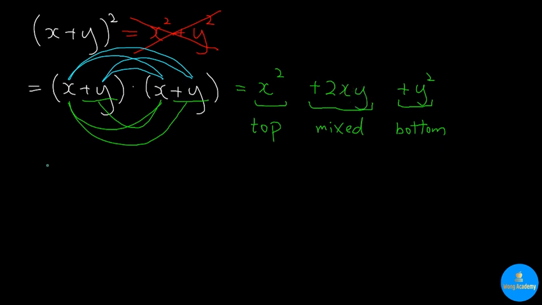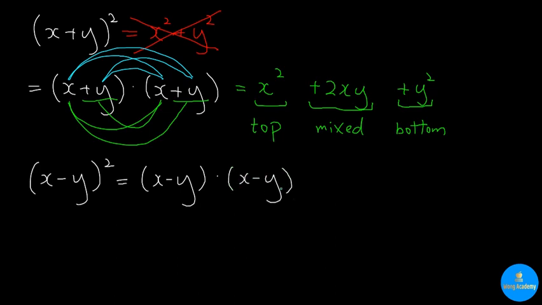How about the expression x minus y all squared? If we want to expand this and get rid of the parentheses, what we should do is to think about x minus y times x minus y. If we use the same analysis as above, then the top term will be obtained by x times x, so we have x squared.